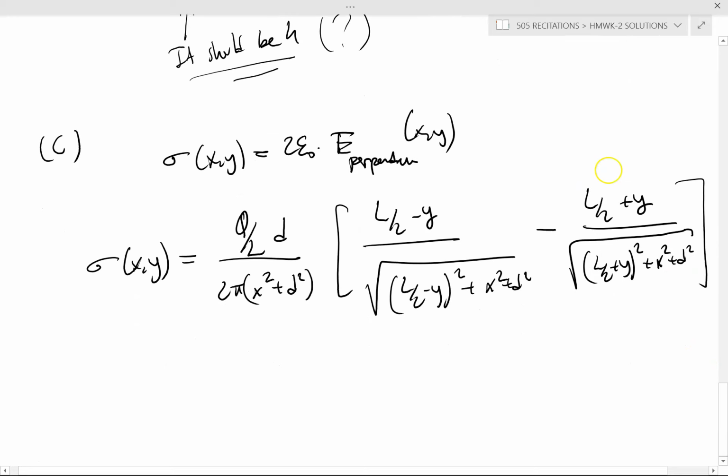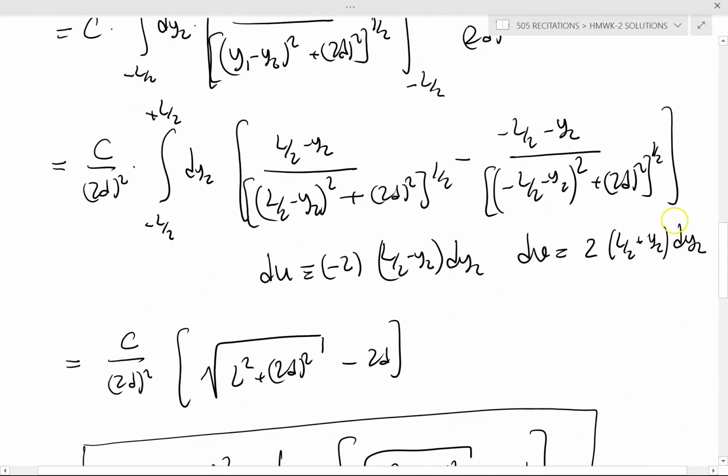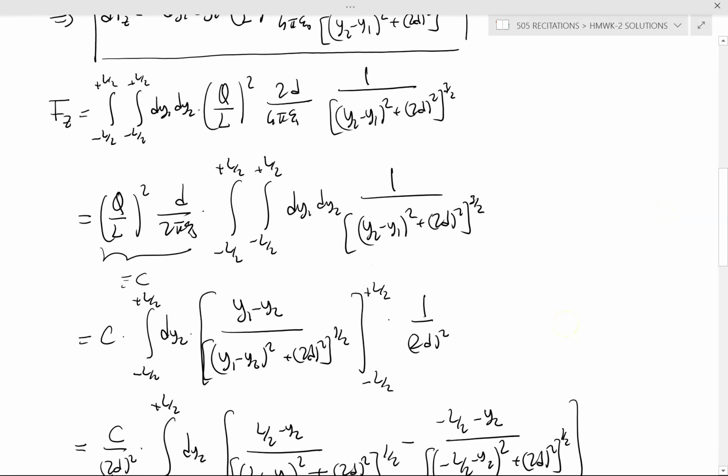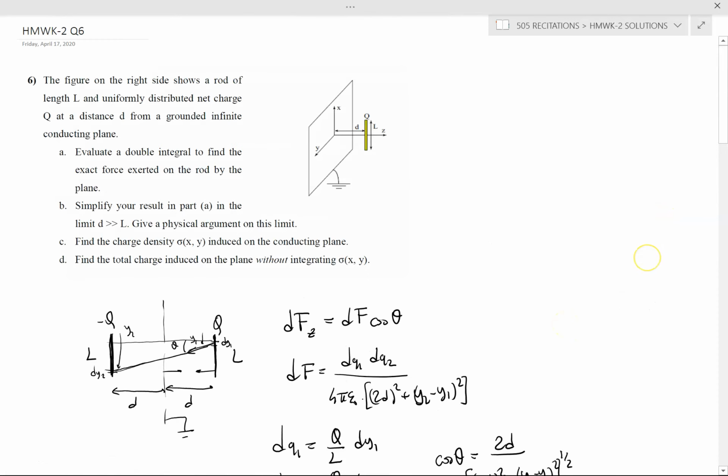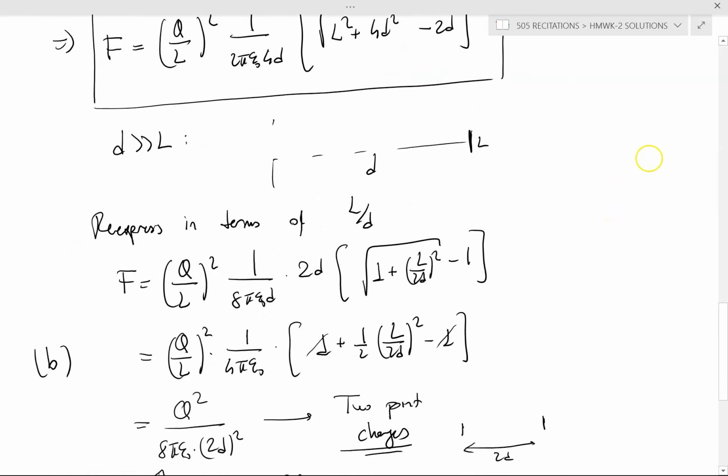Okay. This you can do by yourself as an exercise, because it has again very long algebraic practice. Find the total charge induced on the plane without integrating sigma xy.